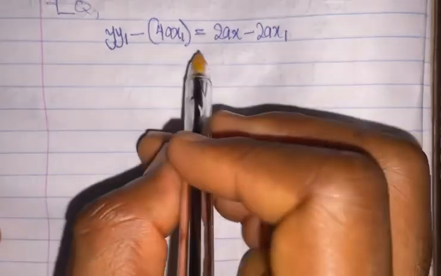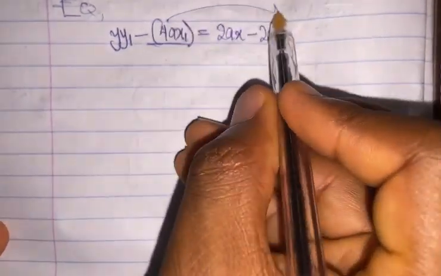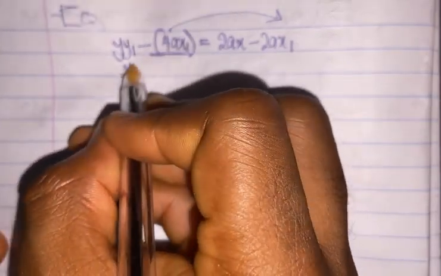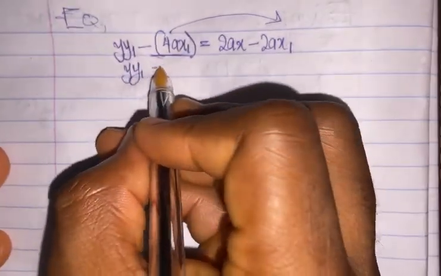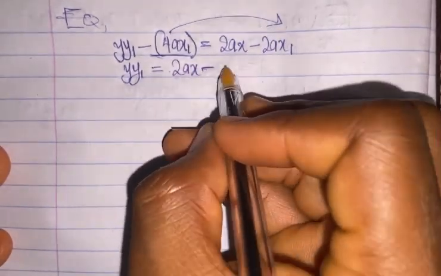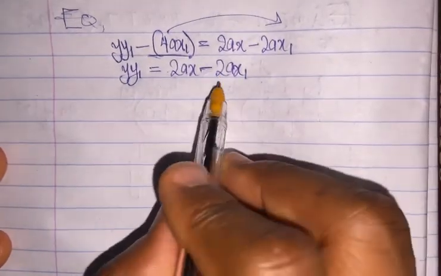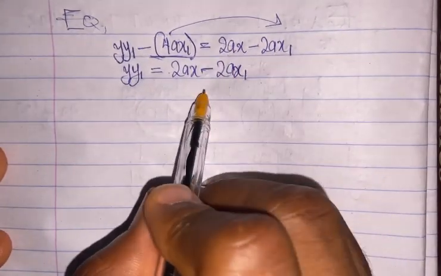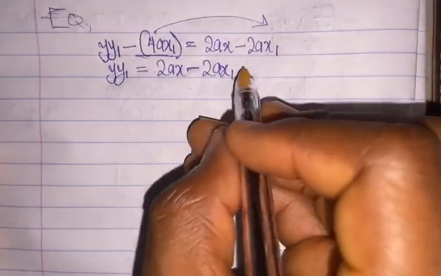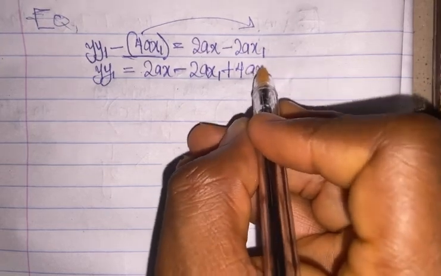Alright, so now we can do away with this bracket and take this expression to this side. So this can be written as y1y equals 2ax minus 2ax1, and the one I'm transferring is negative, so when it comes it becomes positive: plus 4ax1.